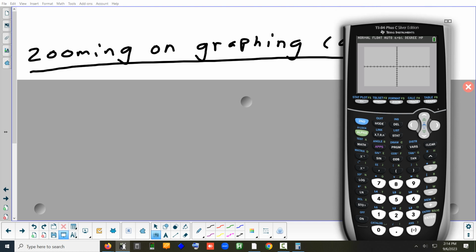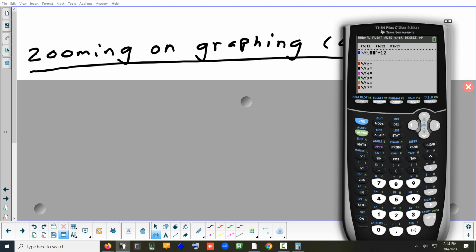How many people ended up with something like that? Okay, so it looks like nothing was drawn at all. It drew something, but it's off the screen. Is that what you got? And you did zoom 6, and you did x squared plus 12?